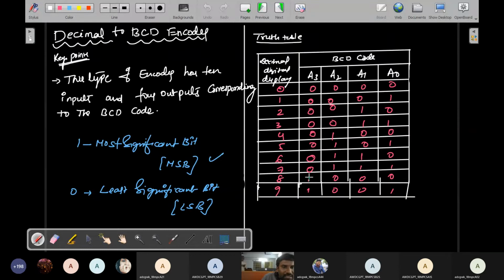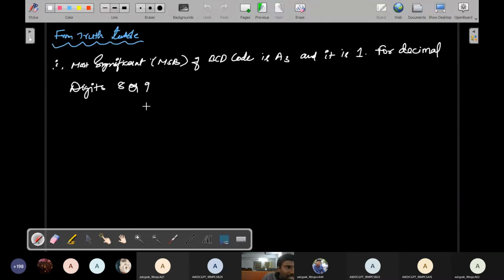So A3 is high, meaning the most significant bit represents decimal number 8. In a similar way, A3 is 1 for decimal number 9 also. So the MSB of BCD code is A3, and it is 1 for decimal digits 8 and 9.